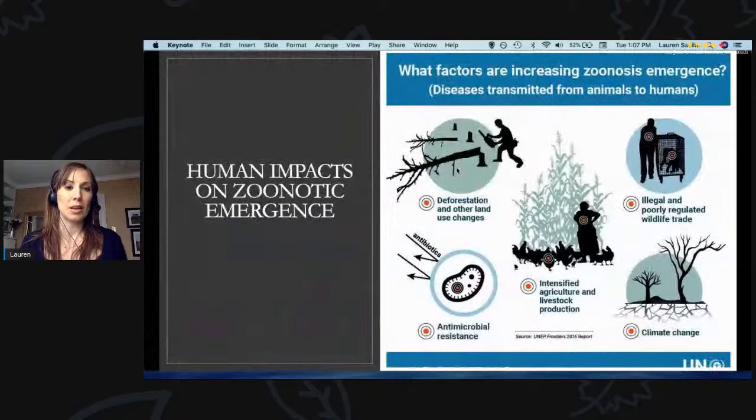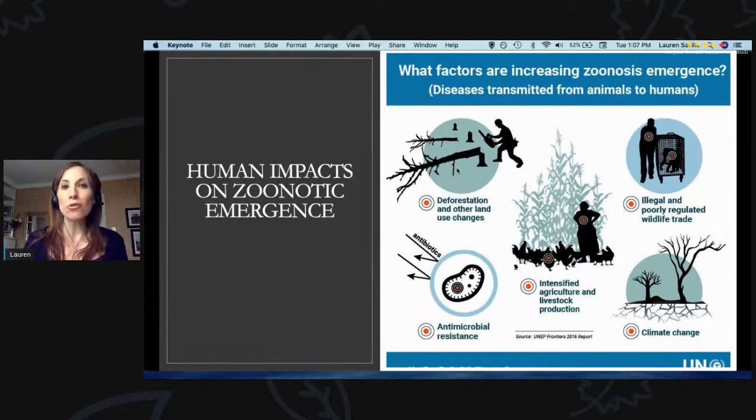So what factors are increasing zoonosis emergence? These are 5 ways that we as humans are impacting the natural world to increase our risk of getting zoonotic diseases. The first is deforestation and other land changes. When we take away an animal's environment, they usually have no choice but to come into our environments because they don't have any other homes to go to.